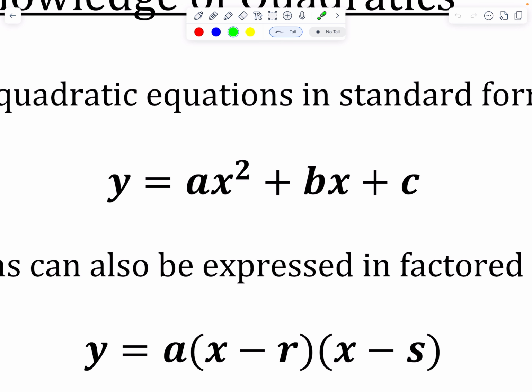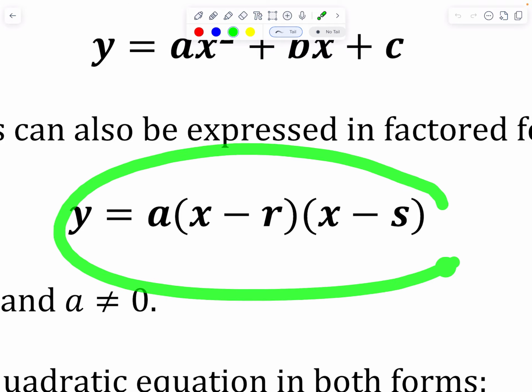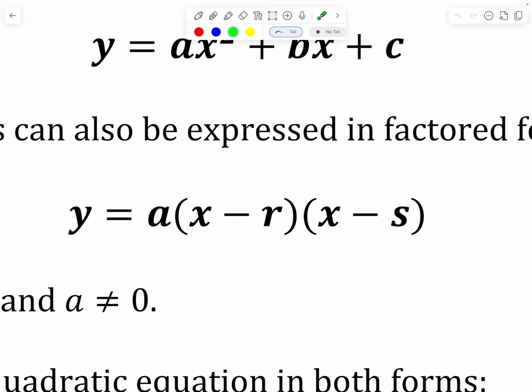You've looked at quadratics in this standard form, this ax squared plus bx plus c. It can be very useful. There's a lot of information we can get from that standard form. But it's worth noting that quadratic expressions or quadratic functions can also be expressed in this kind of factored form.